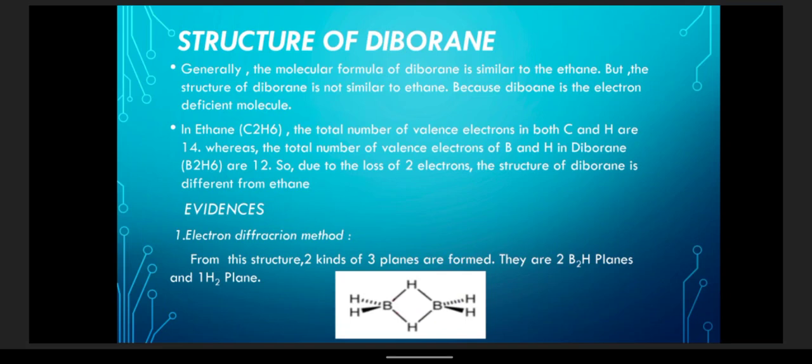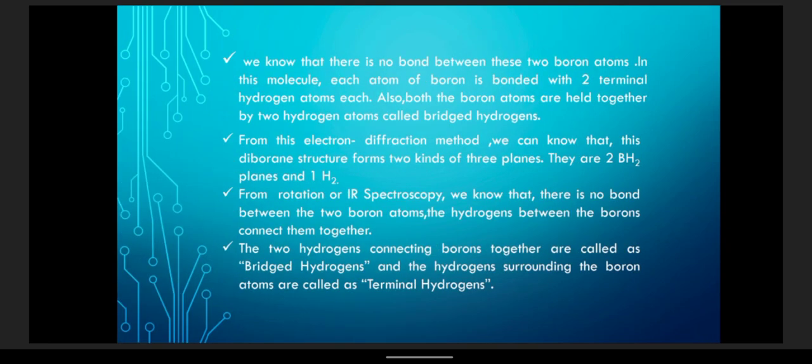We can prove the difference from some evidences. The first method is called the electron diffraction method. From the electron diffraction method, by seeing the structure, we can say that 3 planes are formed: 2 B2H planes and 1 H2 plane. We can see the planes in this structure, and we know that there is no bond between the 2 boron atoms.